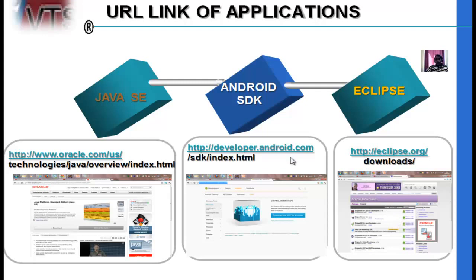Today, to save time, I am just showing you, and you have to practice on your own to download those 3 applications to develop Android mobile apps as a developer.